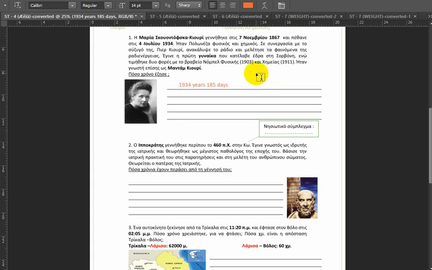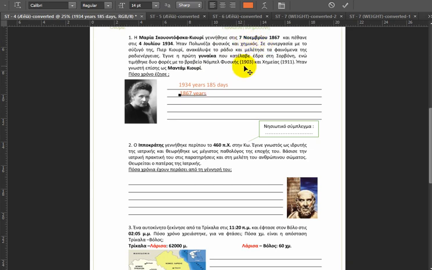And then we need to do the same process for her date of birth. So that's 1,867 years. And then we want to find how many days from the beginning of the year it is to get to the 7th of November.